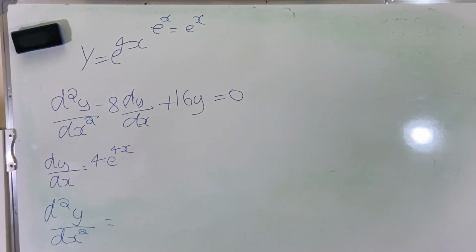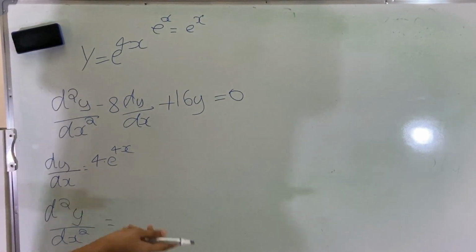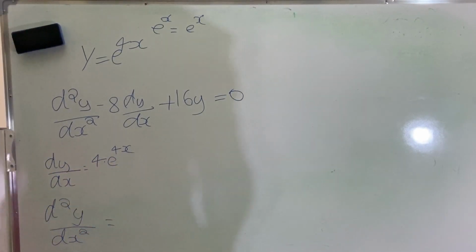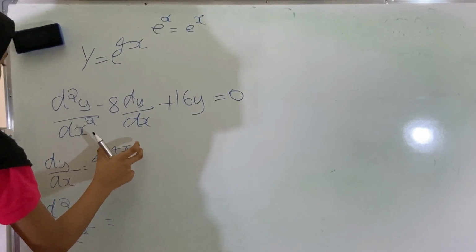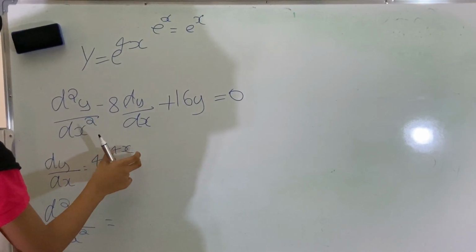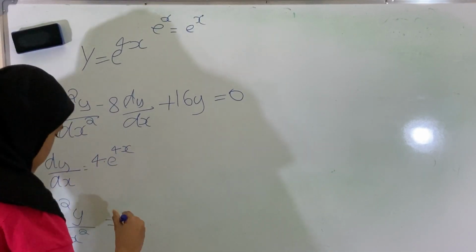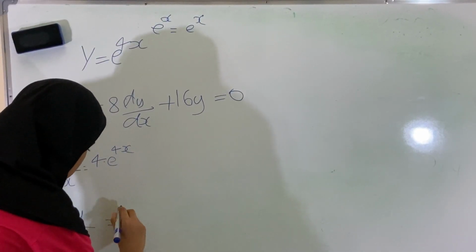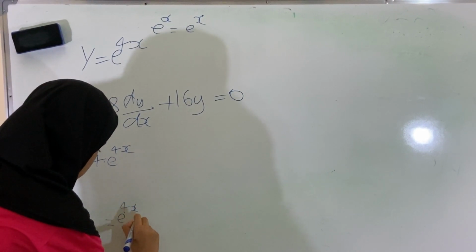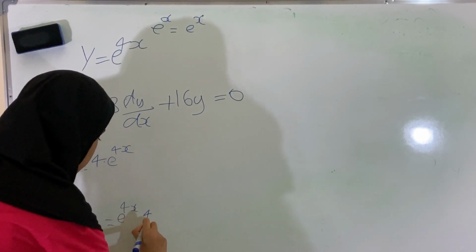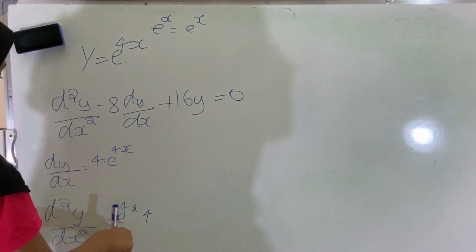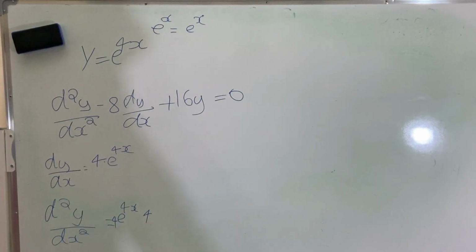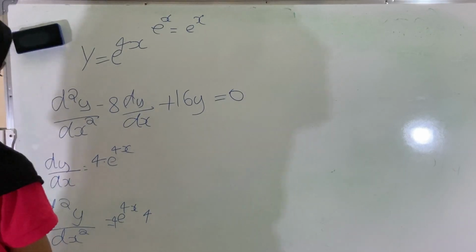Here you have to find the derivative of it once more. So the derivative of 4 e raised to 4x is 4 into e raised to 4x into 4.